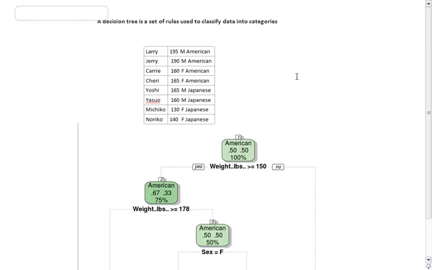The Gini index takes into account the purity of the observations. Say in this bucket the weight is greater than 150, yes, then Americans are 75%. Had this been 100%, then we could say this bucket is completely pure, because there is no impurity in this bucket. So the more purity in the split, the better that split is.